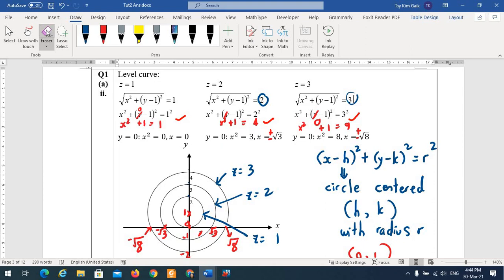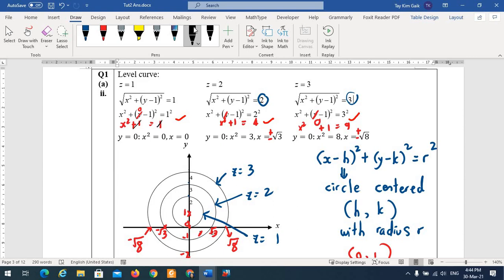So x squared plus 1 equal 1. Okay, 1 and 1 you cancel, that's why x squared equal to 0. So x squared equal to 0. Hence x is 0. That's why it's here, this point.